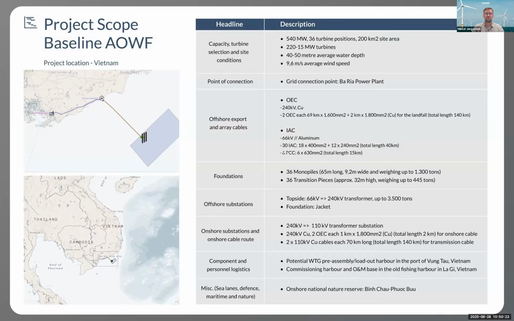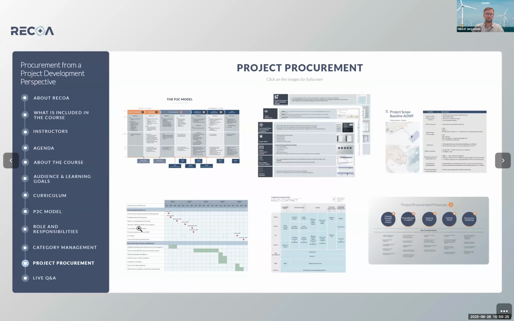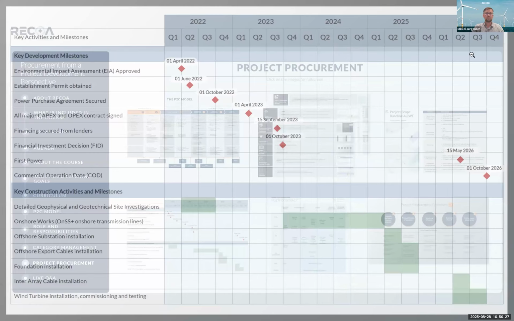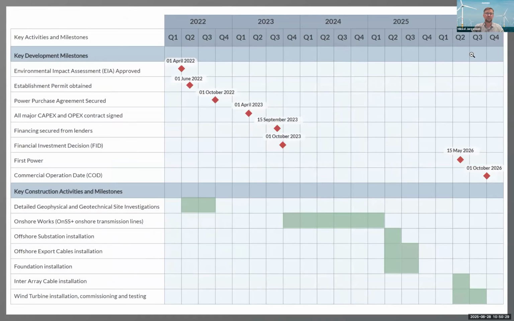Next one on the bottom left. Another part of the project foundation that needs to be in place to have discussions about the project procurement strategy is the project's program baseline. In order to make strategic decisions, you of course also need a detailed understanding of the time restrictions that are set by the various project development and also project construction milestones, right?